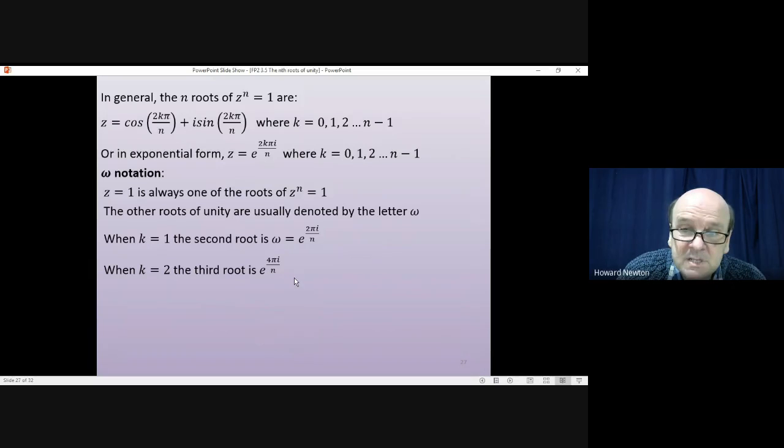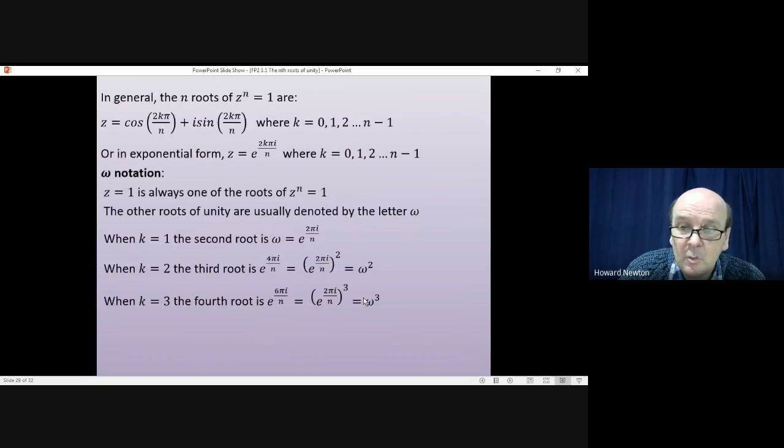But that is equal to e to the power of 2 pi i over n, all squared, where e to the power of 2 pi i over n is omega. So that is omega squared. So the first root is 1, the second root is omega. The third root will be omega squared. And the fourth root, in similar fashion, will be omega cubed.